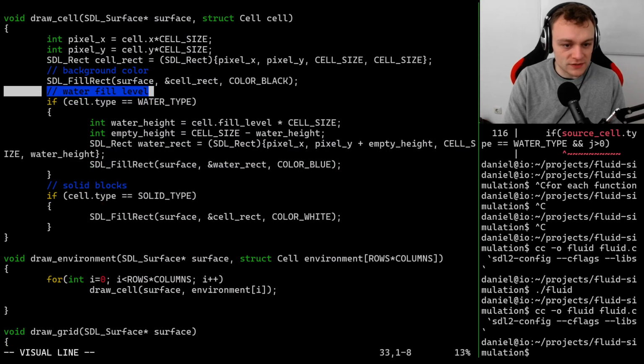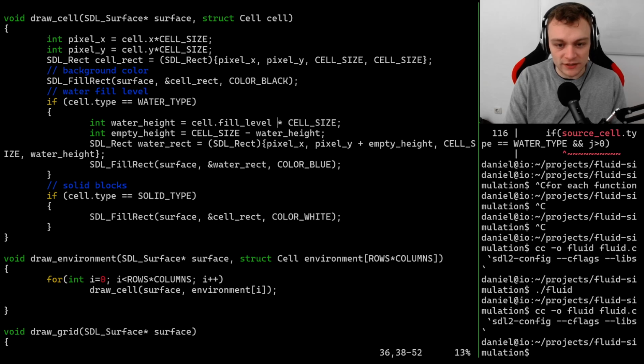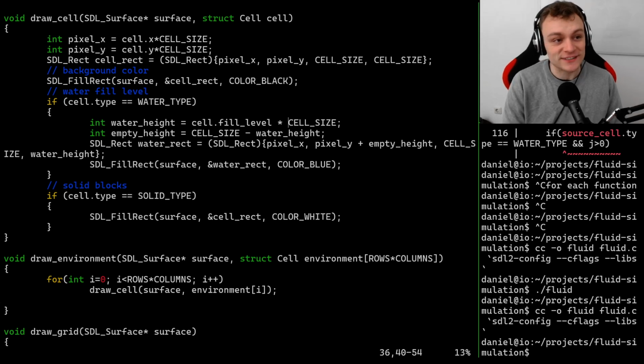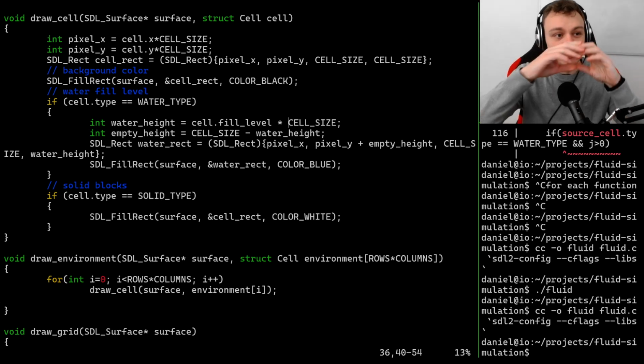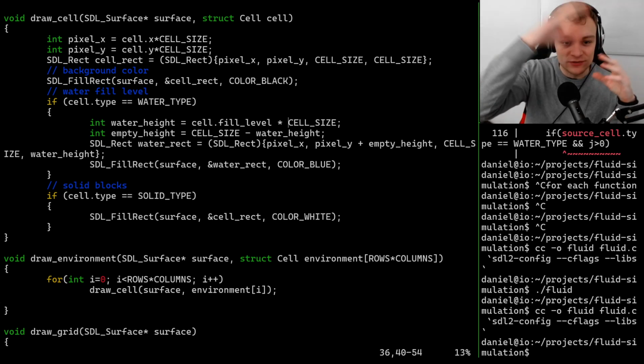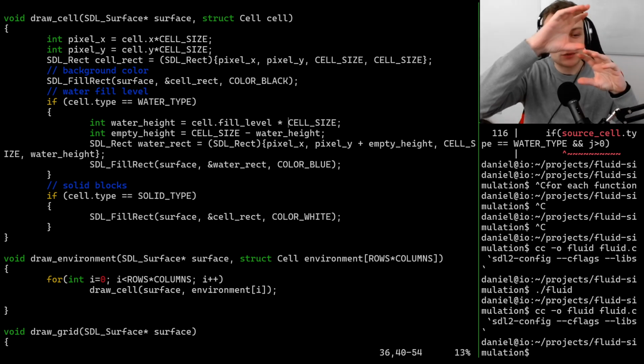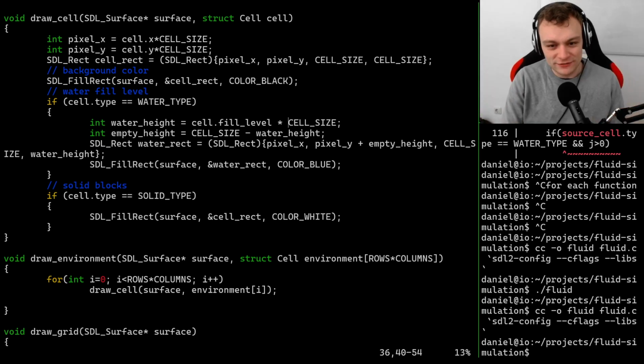So here, this is the water fill level, and the water height is the fill level multiplied by the cell size, right? And if the fill level is bigger than 1, then the fill level is not going to be kept. So it is possible that one cell overfills into the next one, and the next one then draws on top of that. So the fill level is not kept.